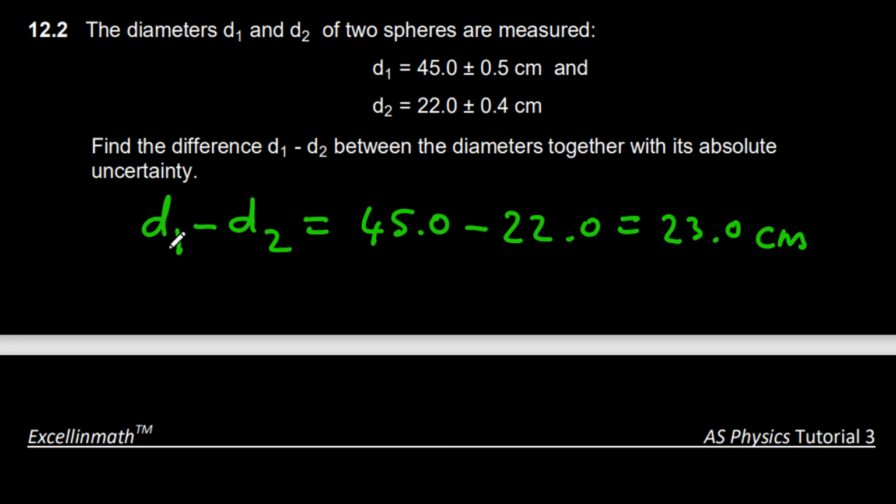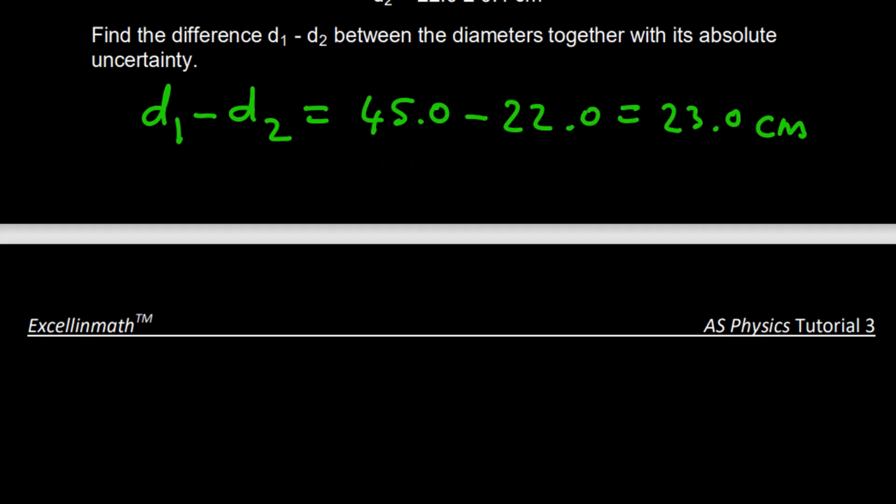The question now is, how do we find the absolute uncertainty of a difference of two quantities? And the rule says that when we find the difference between two quantities, we add their absolute uncertainties. So we don't subtract them, we add them.